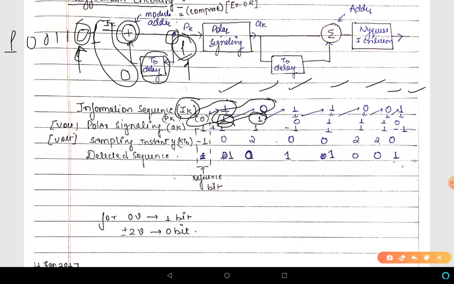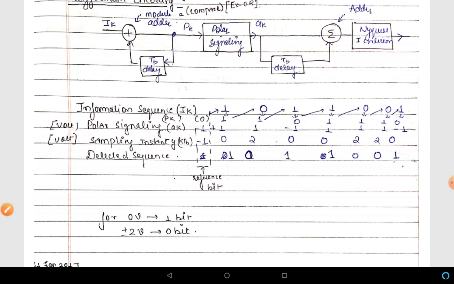In the similar way, this 1 and this 1 are XORed, the result is 0. This 0 is XORed, result is 1. This 1 and 0 XORed, result is 1. This 1 and 0 XORed, result is 1. And this 1 and this 1 XORed, result is 0.